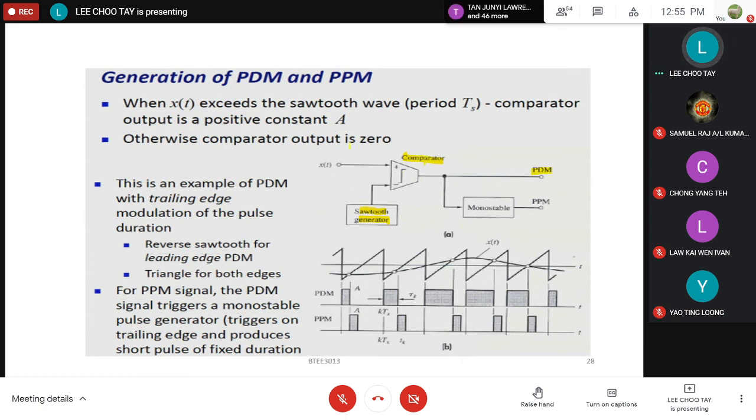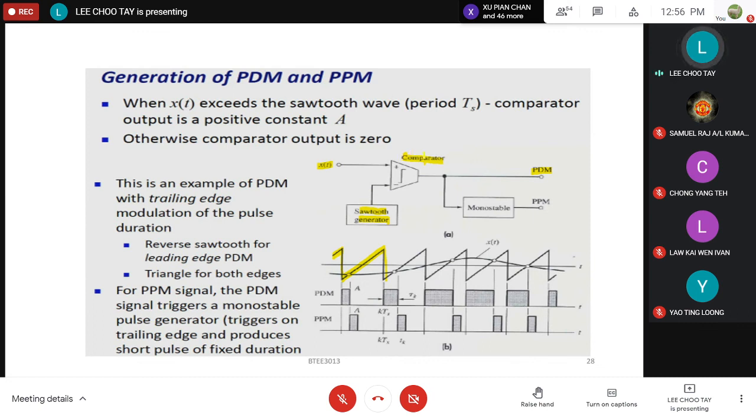So let's take a look at what happened here. You know how a comparator works, right? We connect the modulating signal, or message signal, to the positive terminal of a comparator, and the output of a sawtooth generator, which is a sawtooth waveform, we connect to the negative input terminal of the comparator.